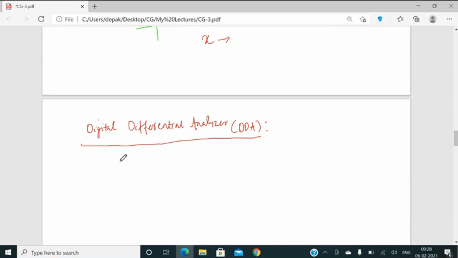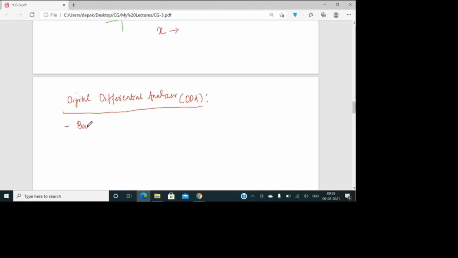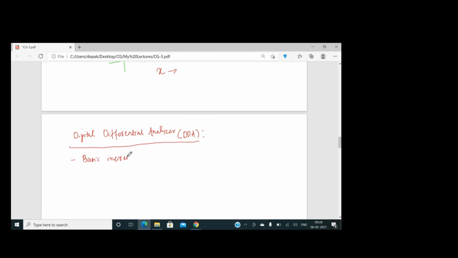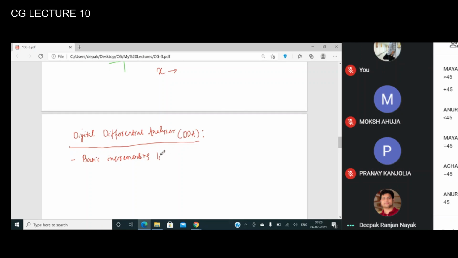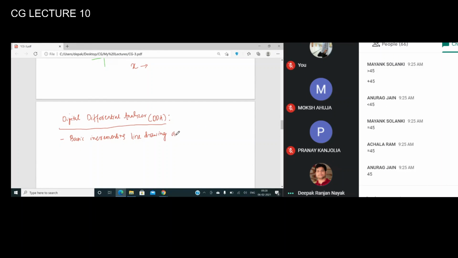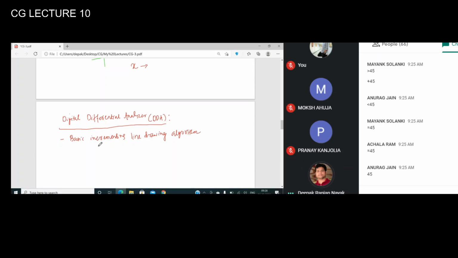And it is sometimes called the basic incrementing line drawing algorithm, right?